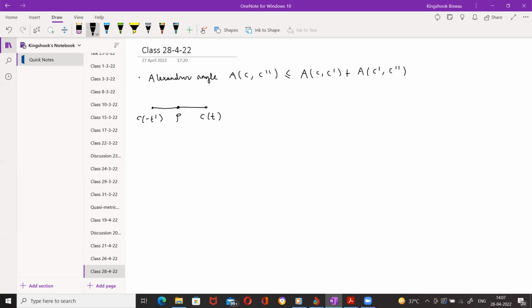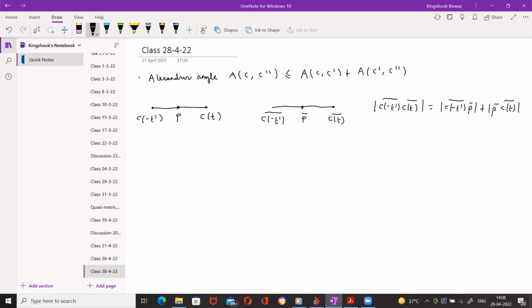So if I look at the comparison triangle, with C(minus t') bar, P bar, C(t) bar, then the distance between C(minus t') bar and C(t) bar is equal to the distance between C(minus t') bar and P bar plus the distance between P bar and C(t) bar.